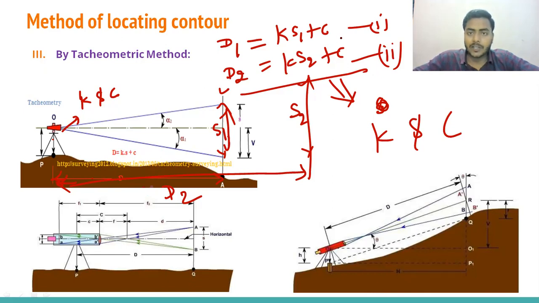So we can write this equation. Then change the position of the leveling staff, take the horizontal distance D2 and the staff intercept S2. We have two equations and two unknowns, and by solving we can get the values of K and C.